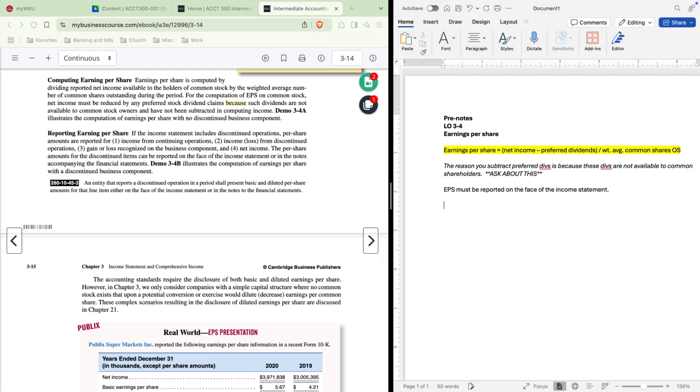This is going to go into reported EPS, is done for, and then I'll make a list here. 1, income from continuing operations. 2, income or loss from discontinued operations. 3, gain or loss on business component.